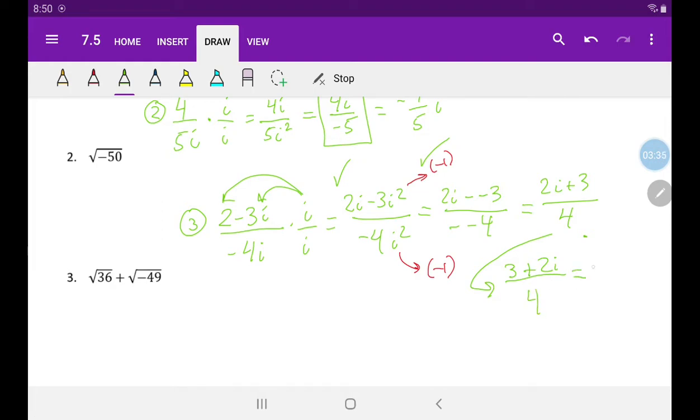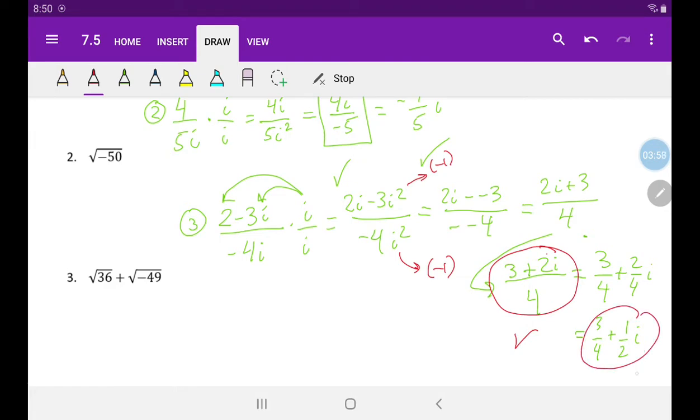They would say 3 over 4 plus 2 over 4i, and then they would reduce that 2 over 4i to 1/2. So they would say that's 3 over 4 plus 1/2 i. Either one of these is completely correct. You can leave it as one fraction, or you can split it up and reduce it. I would give you full credit for both.